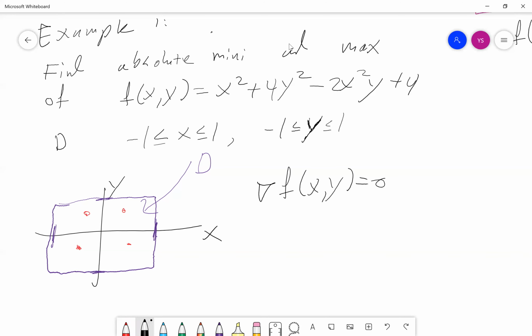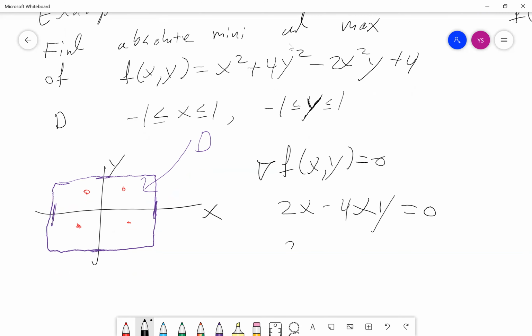So what does that give me? Well, we're taking the partials: 2x minus 4xy is equal to 0, and 8y minus 2x squared is also equal to 0. So far, so good?